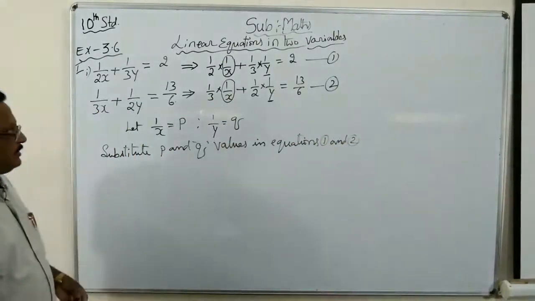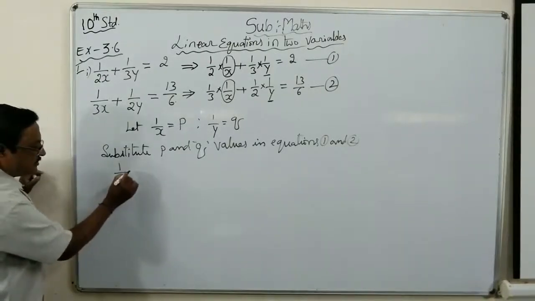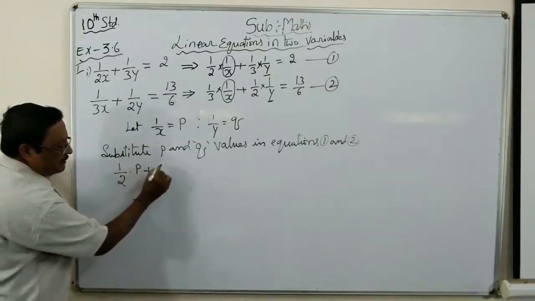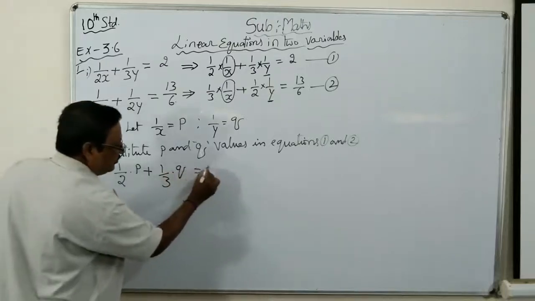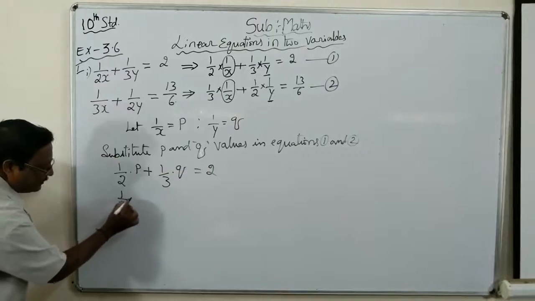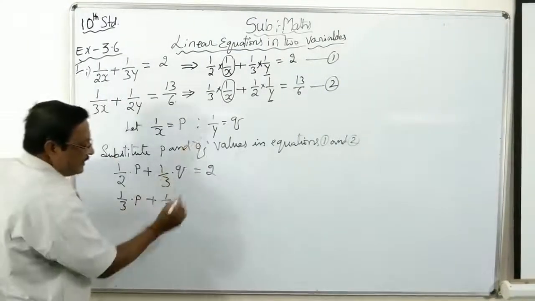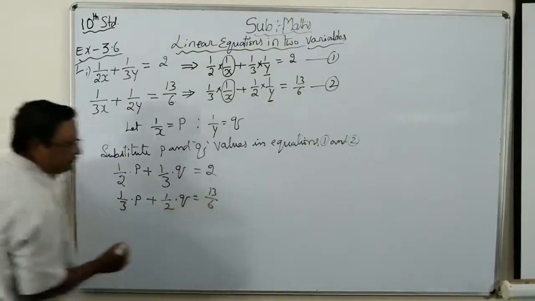In equations 1 and 2, you see 1 by 2 into 1 by x is nothing but p, plus 1 by 3, the y value is q, is equal to 2. Next one, 1 by 3 into p plus 1 by 2 into q is equal to 13 by 6.